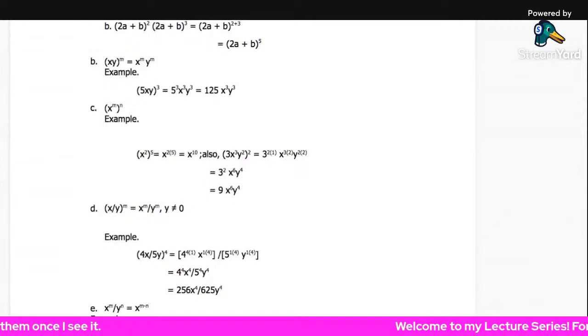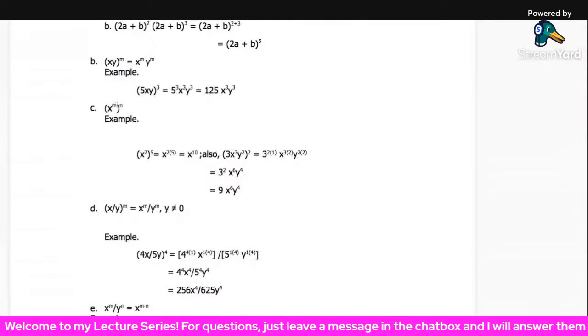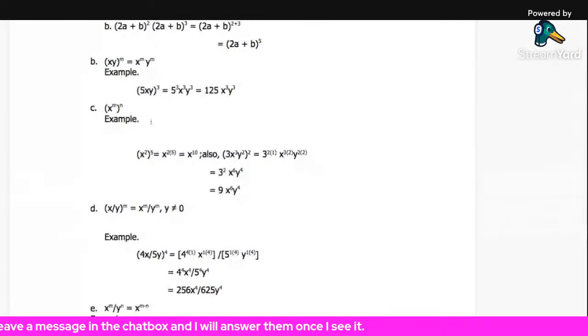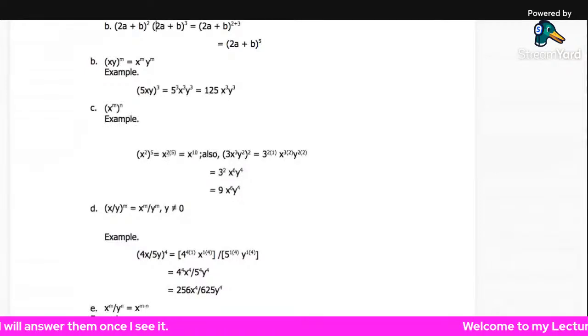When an exponent is raised to an exponent, then you multiply their exponents. So for example, x squared raised to the fifth will give you x raised to the second power times 5. So this will give us x to the 10th power.